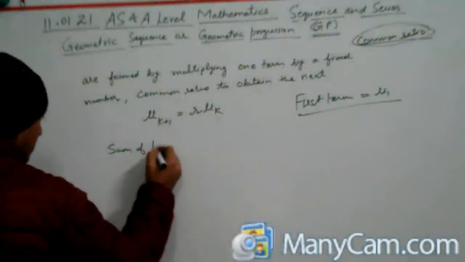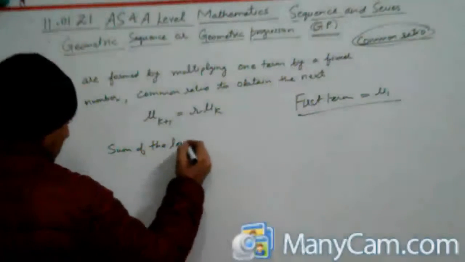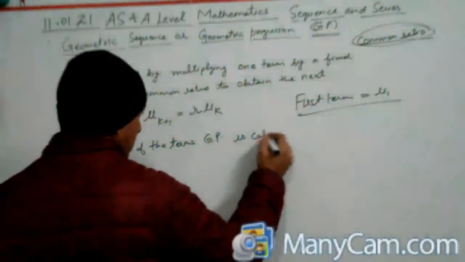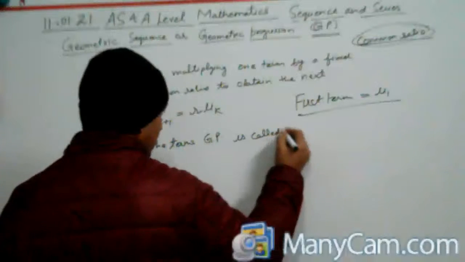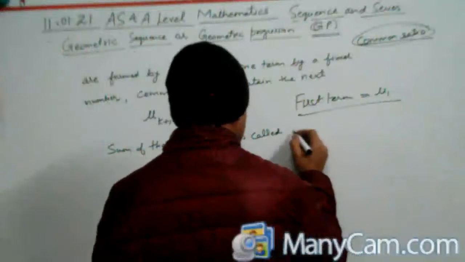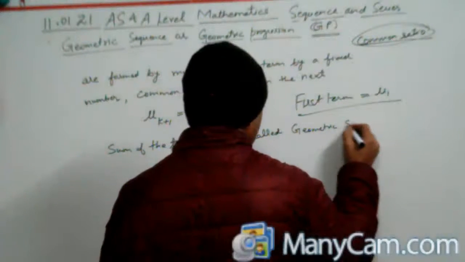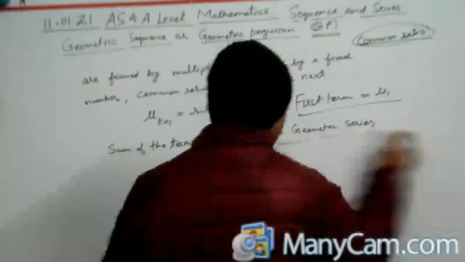The sum of the terms of a GP is called a geometric series. So let's discuss the notations.